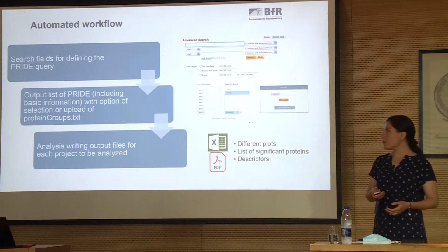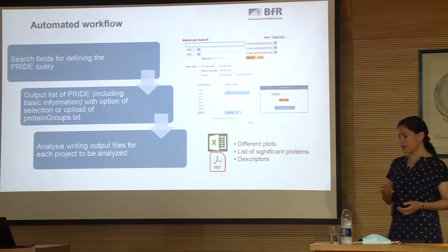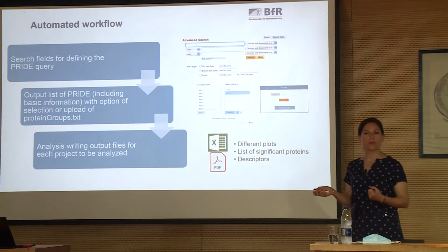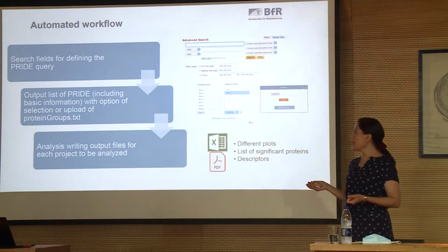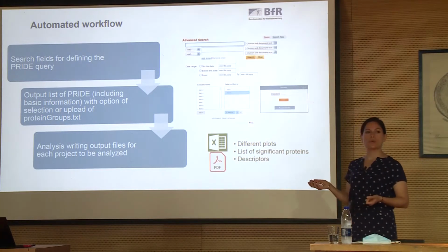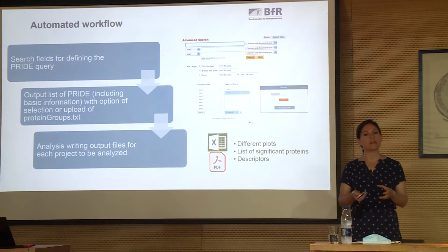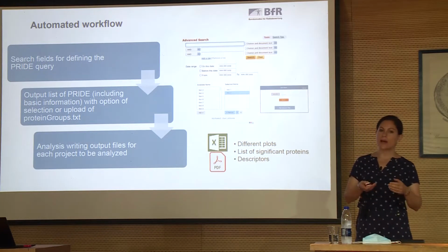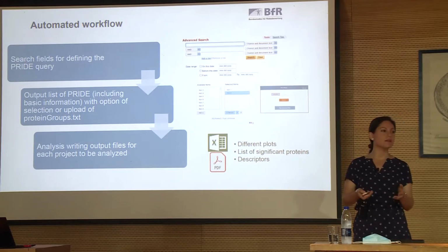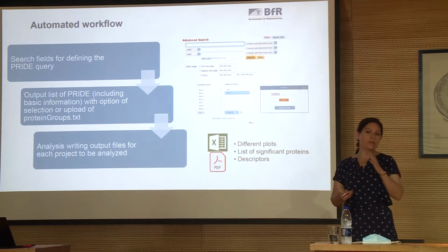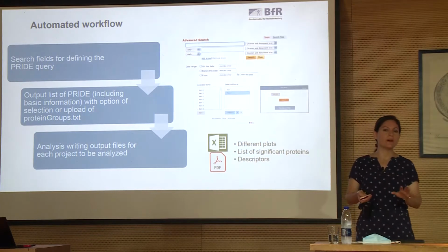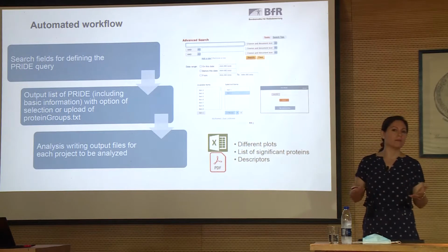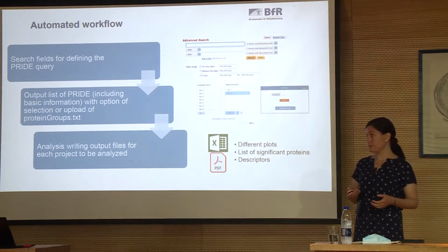So we came up with a workflow that starts with a query in PRIDE, how to retrieve the information that you want, and how to process that, considering that with the data you can run MaxQuant. Sometimes you have some raw files that you cannot run MaxQuant with, so these we decided to leave out. But still there are many. This was not a limitation for how many projects we could find.